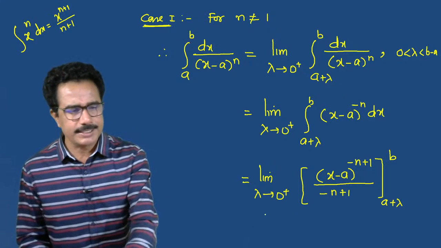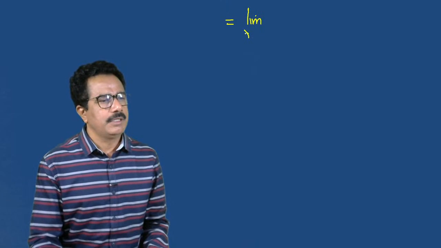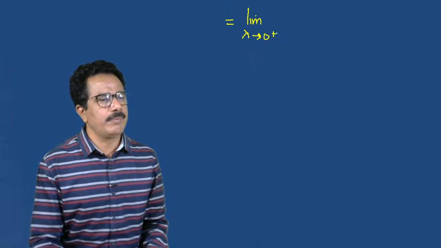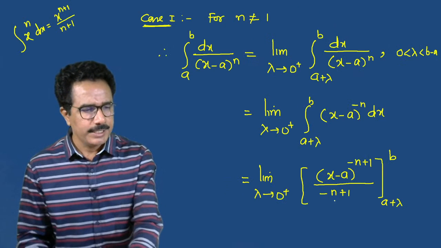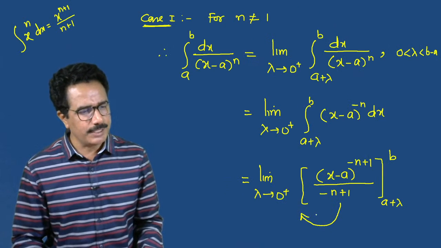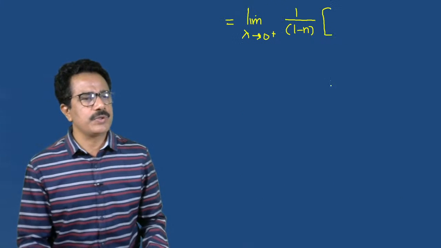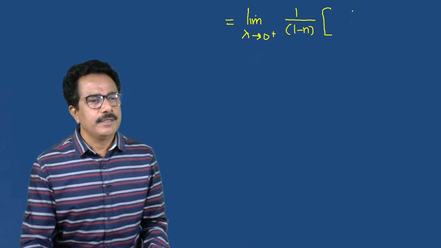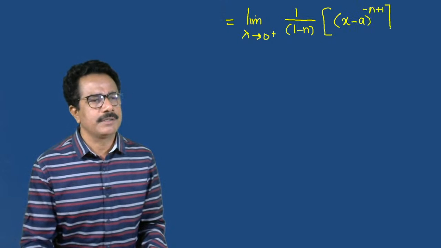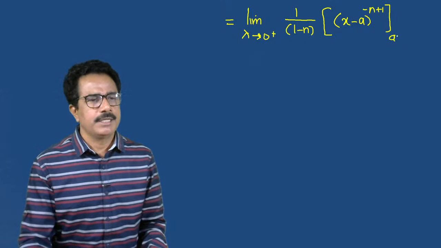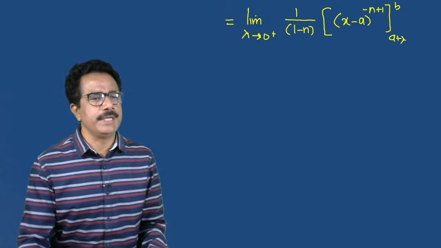So we can write limit lambda tends to 0 positive, 1 upon 1 minus n into, put this limit. If we take this out of the bracket, we get, and the remaining term is x minus a raised to minus n plus 1 over the limit a plus lambda to b.